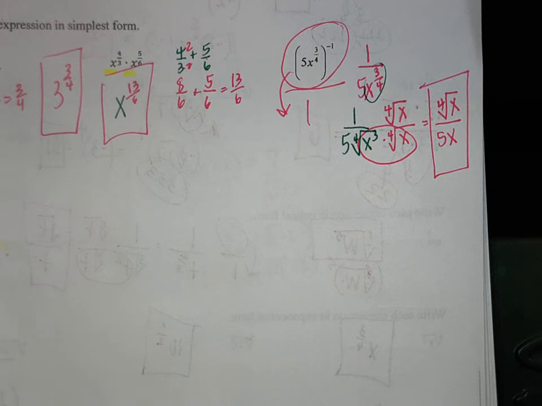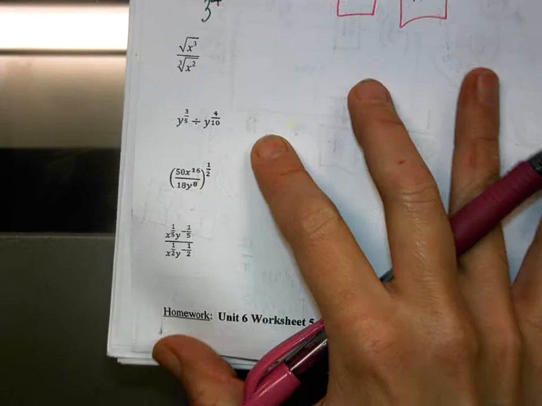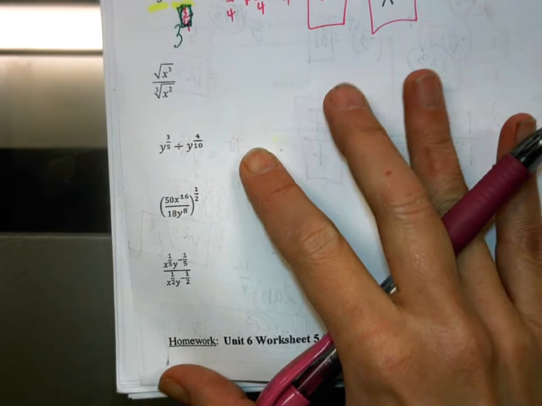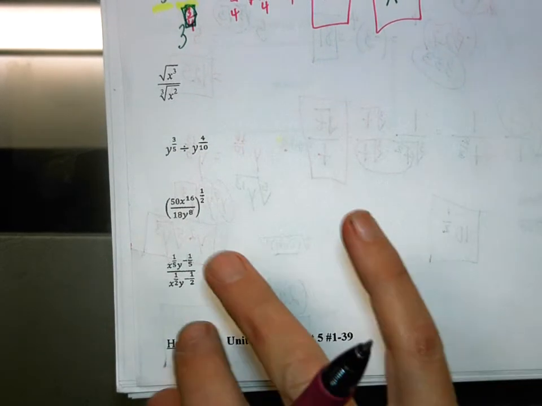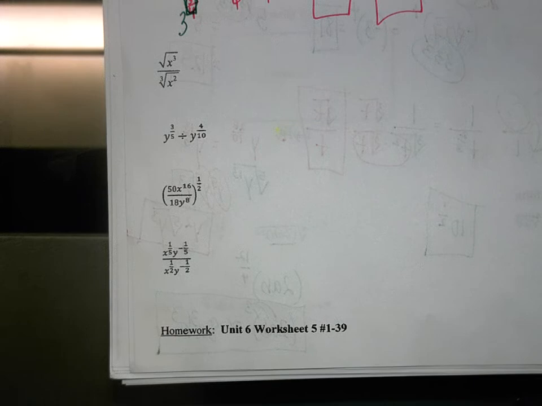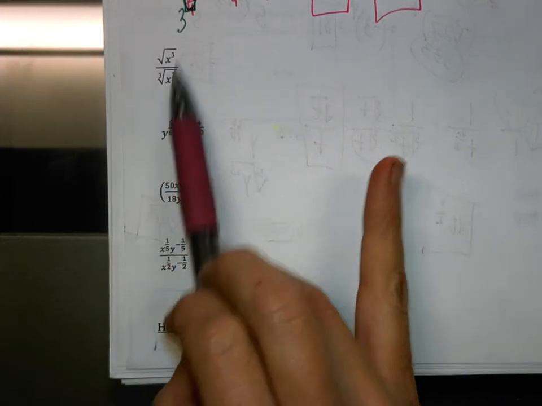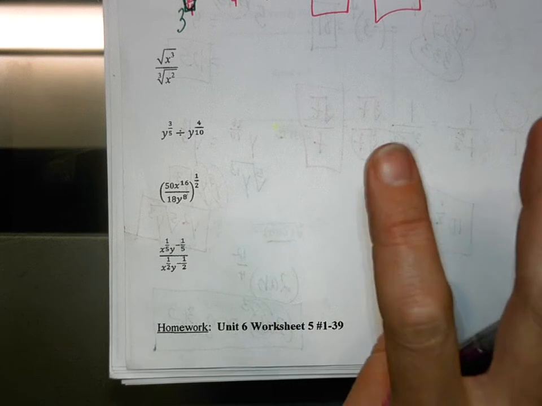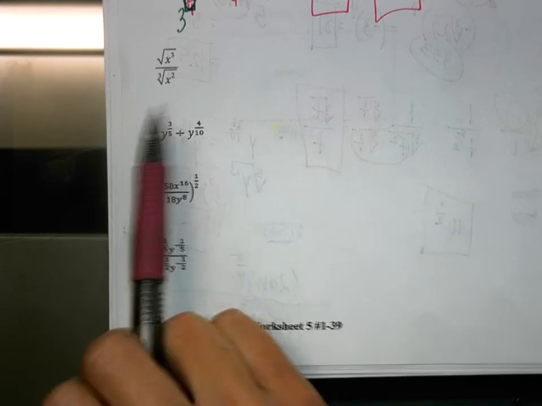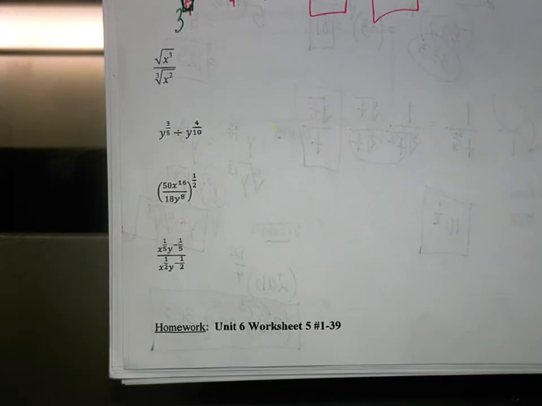Okay, what do you notice about this next problem right here? Look at the indexes. They're different. Because the indexes are different, I can't reduce, I can't do anything. Therefore, we're going to change this to what form? Exponential form.